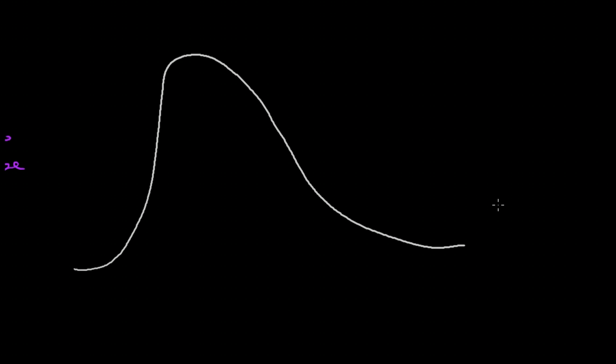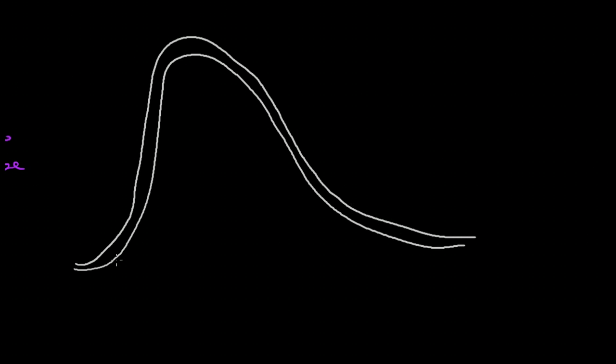That's not a very good drawing, but a villus here. And that second line should be pretty close to the first one. And I'm going to draw cell membranes across here, so we see that the thickness of this membrane is only one cell.